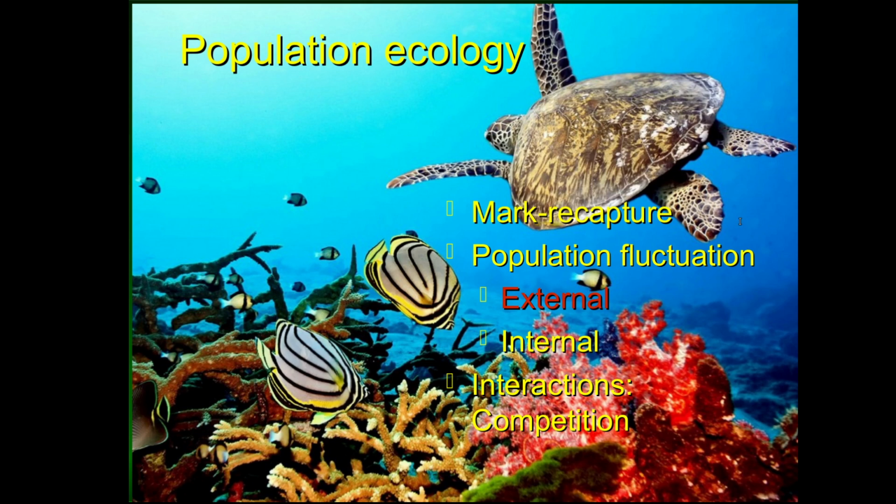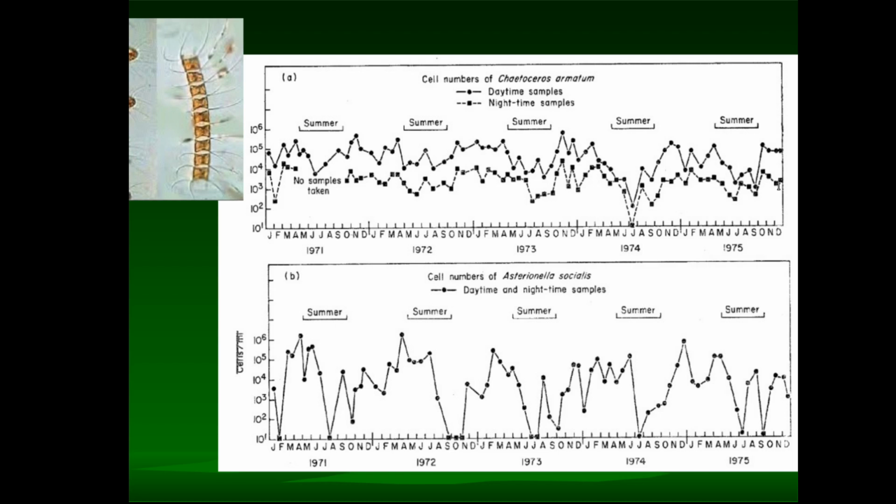So let's consider that question. Population fluctuation: changes in the population density at a particular location from time to time, why those changes occur, how we can quantify those changes, and explain why they are occurring. For example, take a constant sample of water from some location in the ocean and under a microscope count the number of phytoplankton cells, for example, surf diatoms.